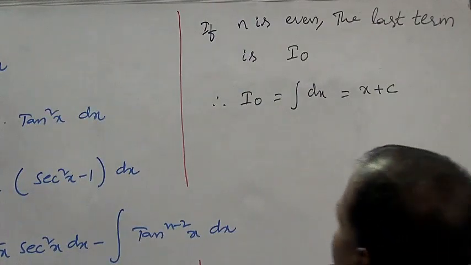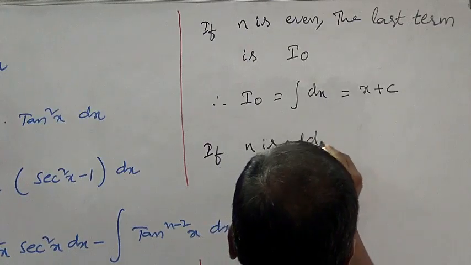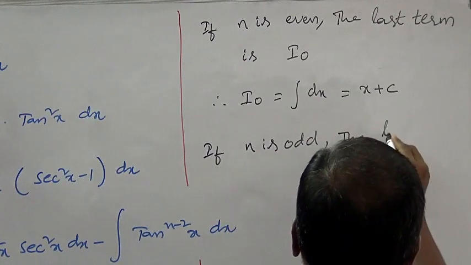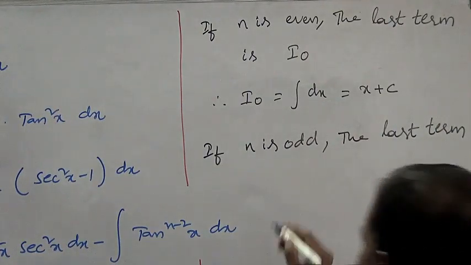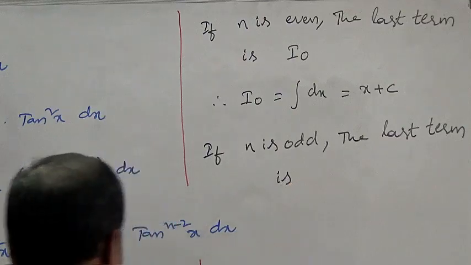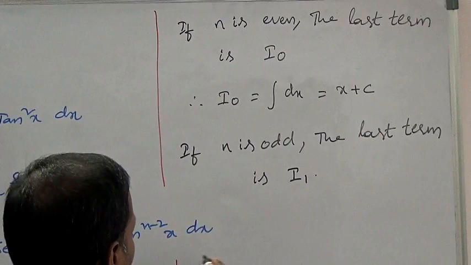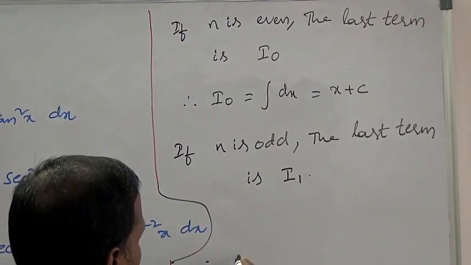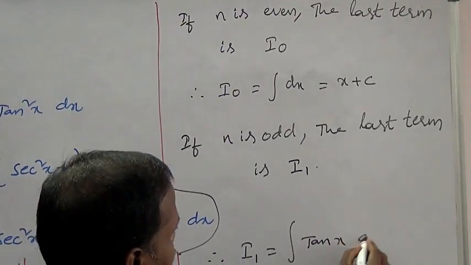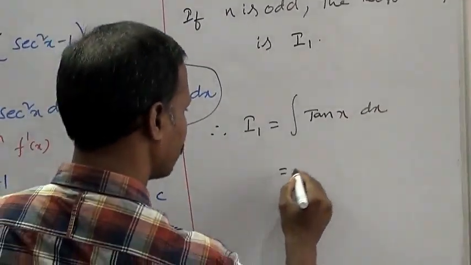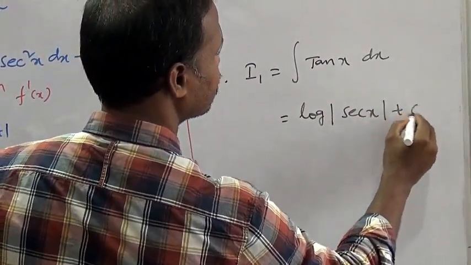If n is odd, the last term is I1. So I1 equal to integral tan x dx, which equals log modulus secant x plus c.